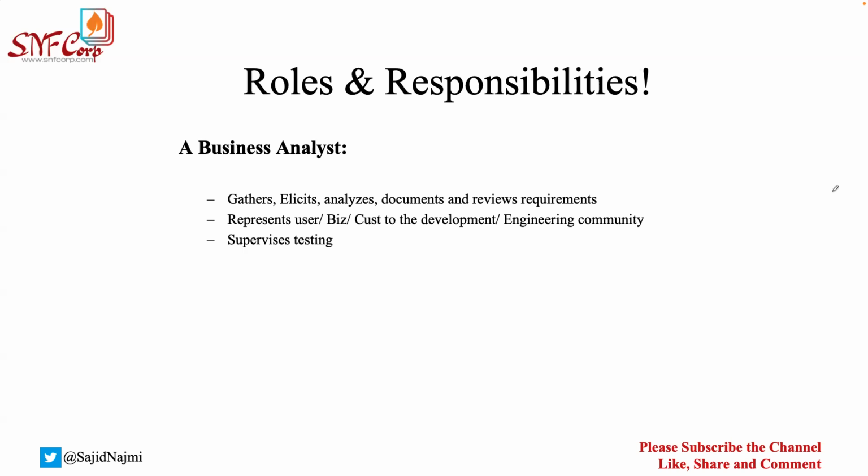Some companies call it CBR, customer business requirement. Someone calls it FRD, functional requirement documentation. Some companies call it BRD. In some companies, they only have SRS and nothing else, and they use that SRS as both the BRD and the SRS. So you will find different names in different companies, but the idea behind all those documents is the same.